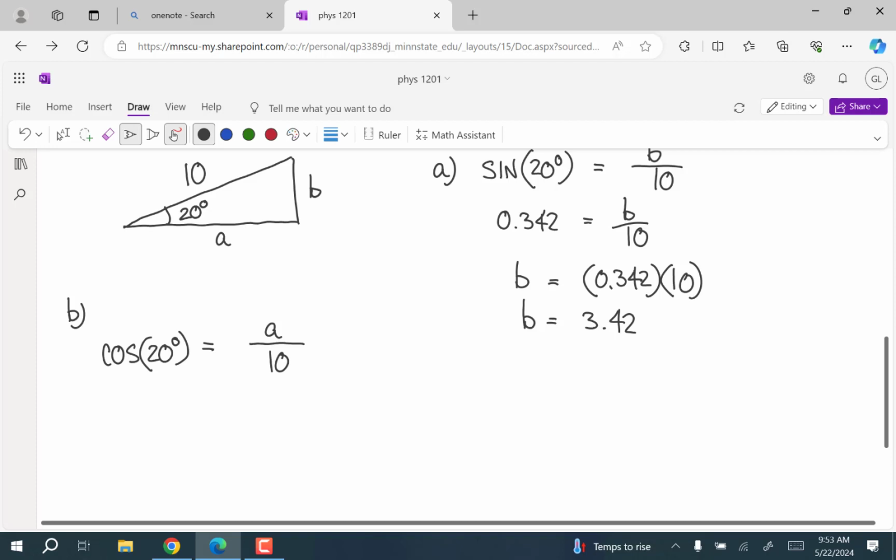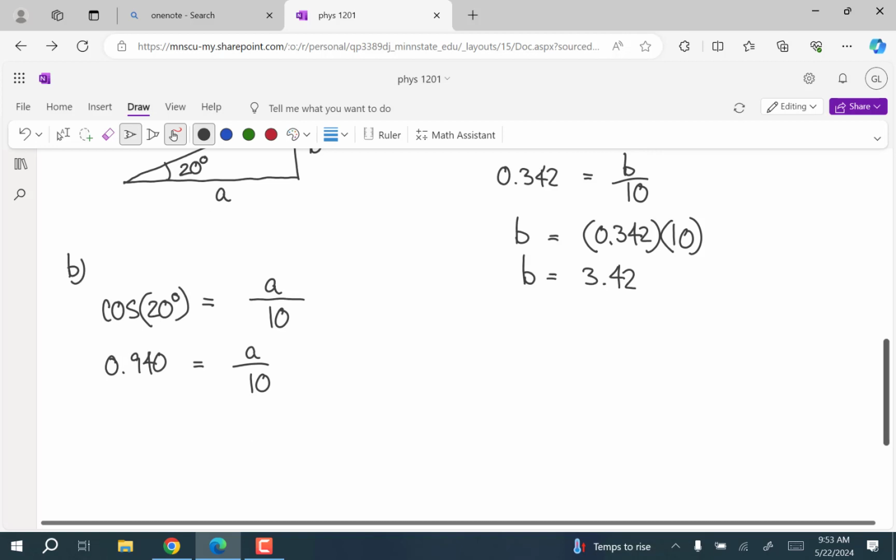The cosine of 20 degrees is 0.940, and that's equal to a over 10. And then, again, it's just algebra. A is equal to 0.940 times 10. And so A is equal to 9.40.